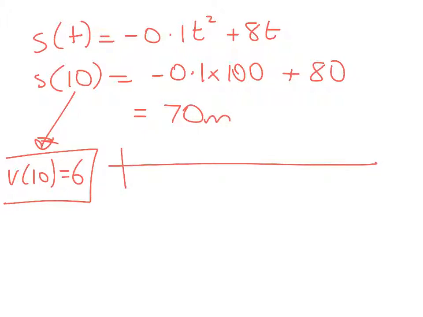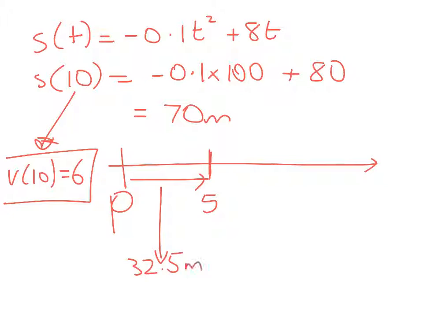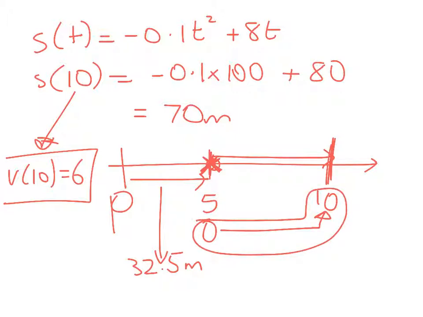Let's think about what we've got going on. We started off at point P, where they were both biking together, and after 5 seconds, they had covered 32.5 metres. Leo slowed down at that point, and by the time he got to 10 seconds from the slowdown point, so we've got 2 time scales going on here, in those 10 seconds he covered another 70 metres.